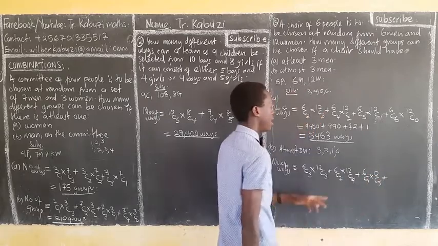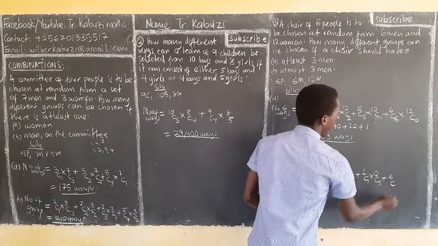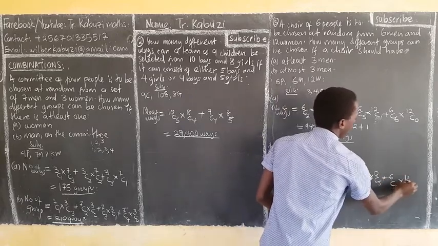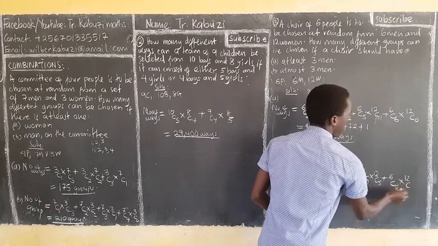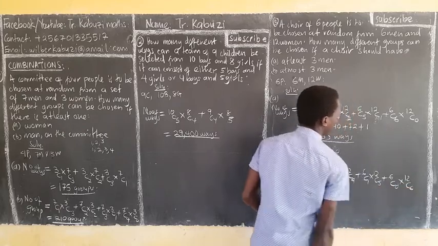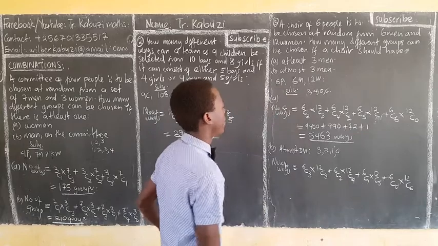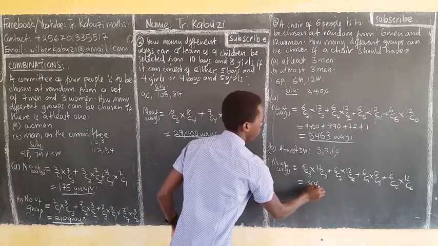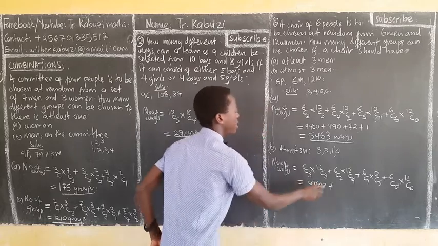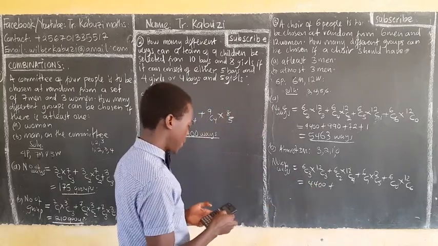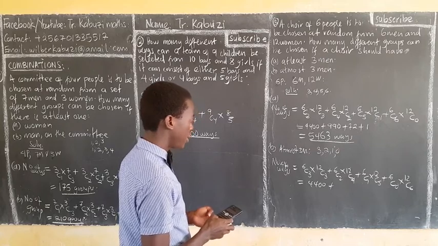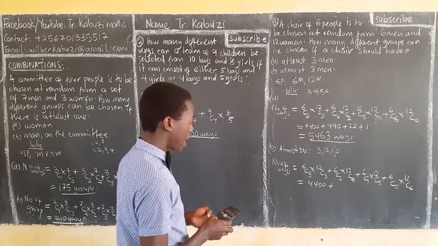Then plus, out of the 6, I can take now 0, then times, out of 12, I'll take 6. We have seen that this here will give us 924. Then plus, if I'm to put those, 6 combination 2 and times.